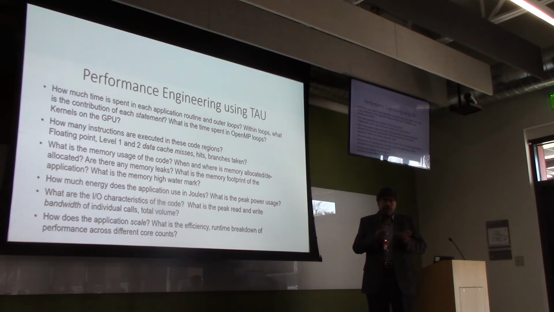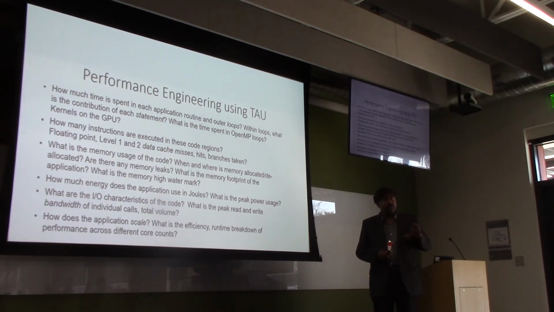And the best part is TAU is built in a modular way, so you can see the time spent in different runtime components like the pthread interface, the I/O subsystem, the CUDA components, or the OpenCL components that execute on the GPUs. Instead of instructions, you can also look at the hardware performance counters.